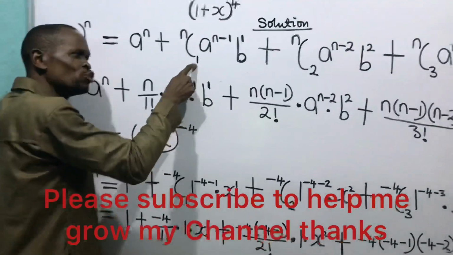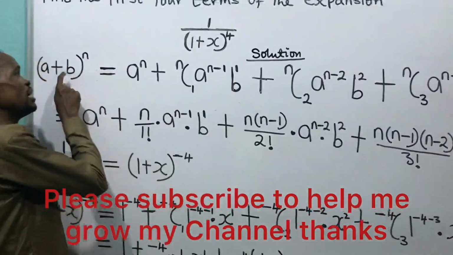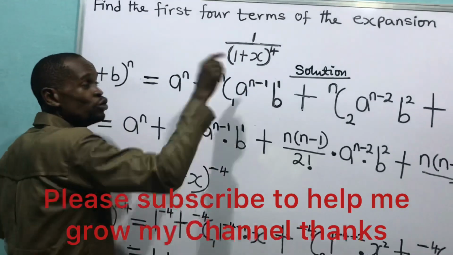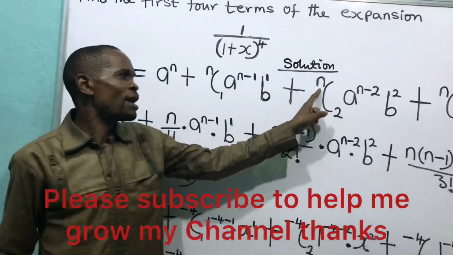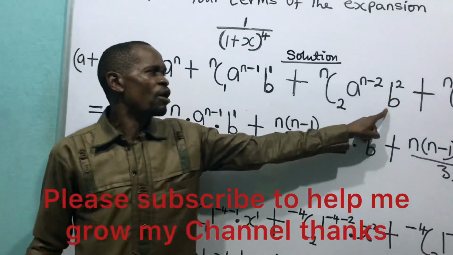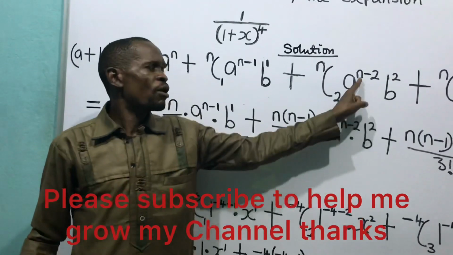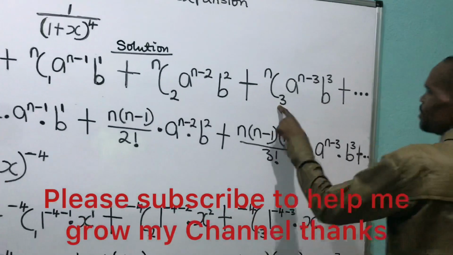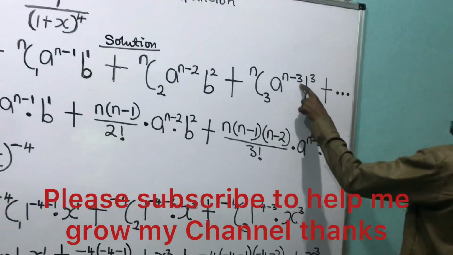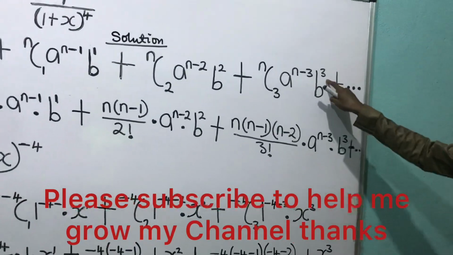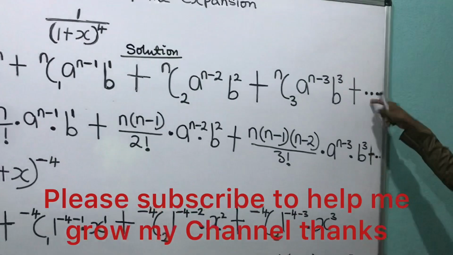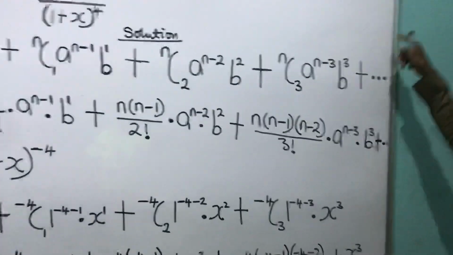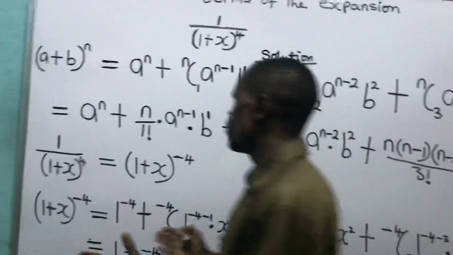When I'm choosing 2, the power of B comes up to 2 and the power of A goes down by 2. When I'm choosing 3, the power of A goes down by 3 and the power of B goes up by 3. The same happens when I'm choosing 4: the power of A goes down by 4 and the power of B comes up by 4.